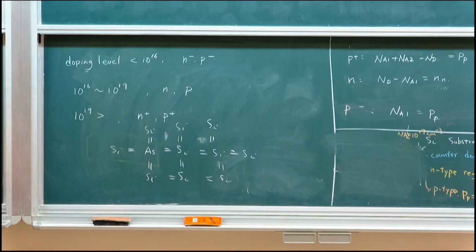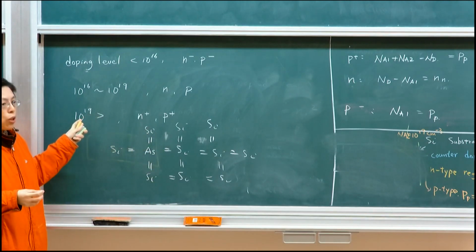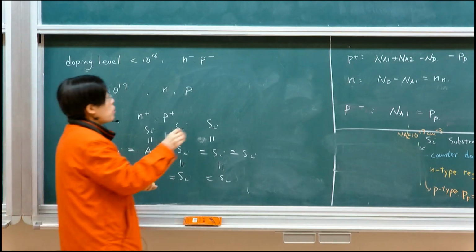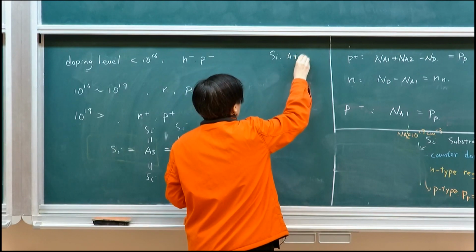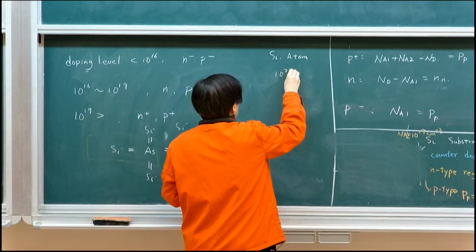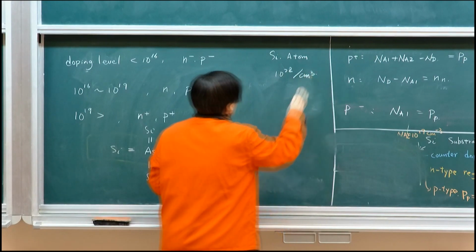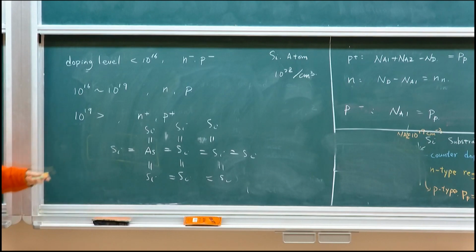The point is that this is very, very rare. Even in heavily doped material, remember the silicon atom density is 10 to the 22 per cubic centimeter. Meaning that if I'm doping with 10 to the 19th, you will only see 1 atom per 1,000. So this is very rare.